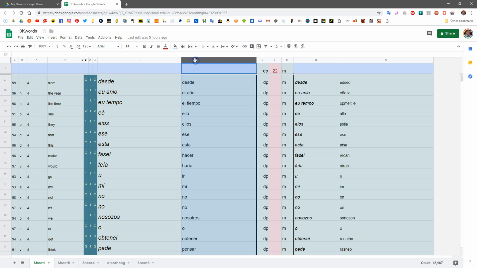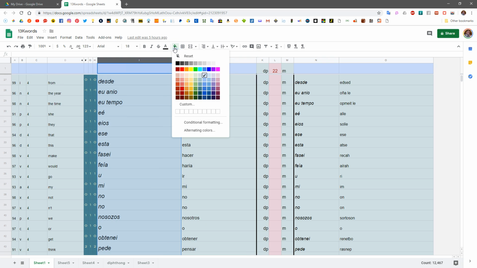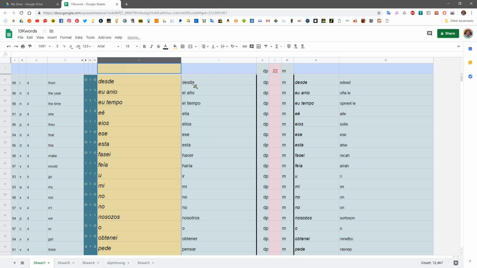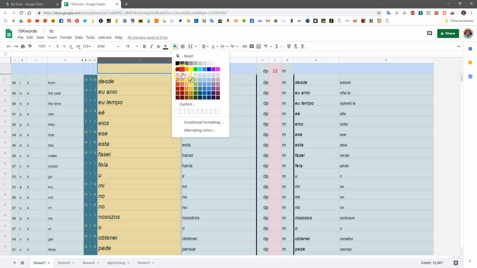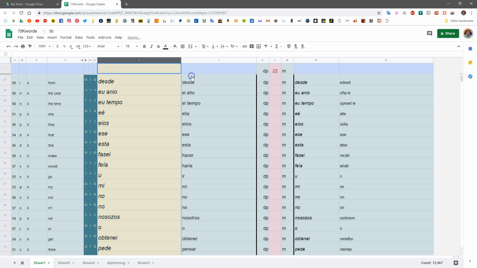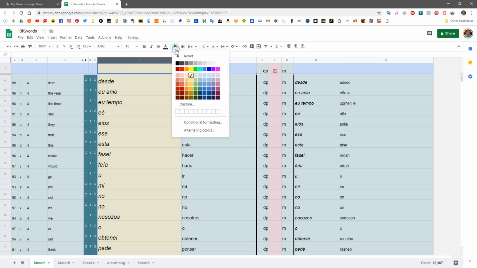This is the Spanish row, and I'm going to change the color on this. A little lighter than that. I don't like that. A little more. No, not so. How's that? I want a little more color in it though, like custom. Here we go.